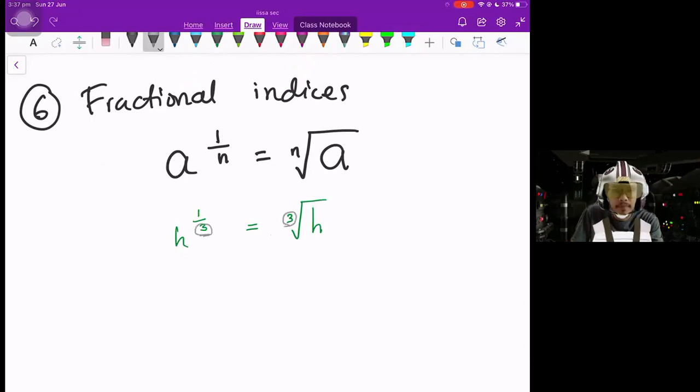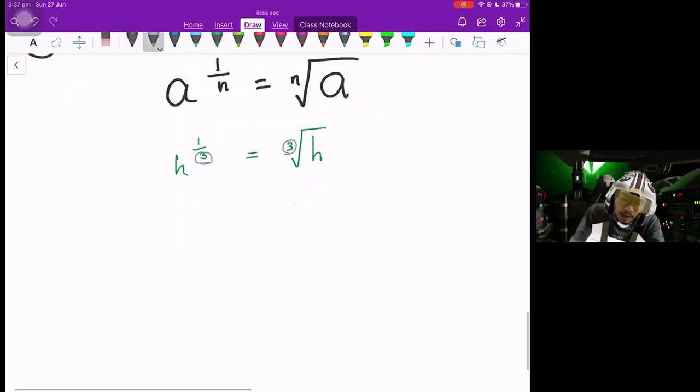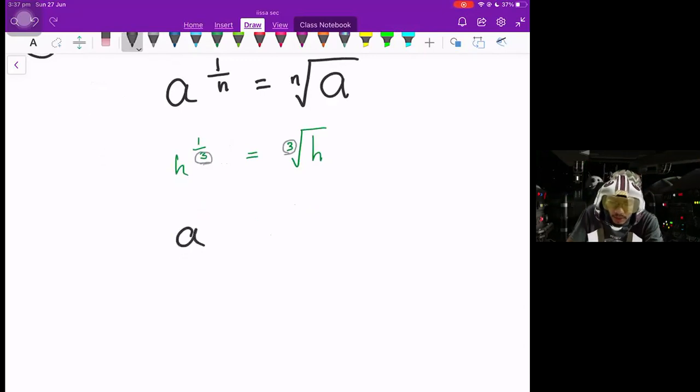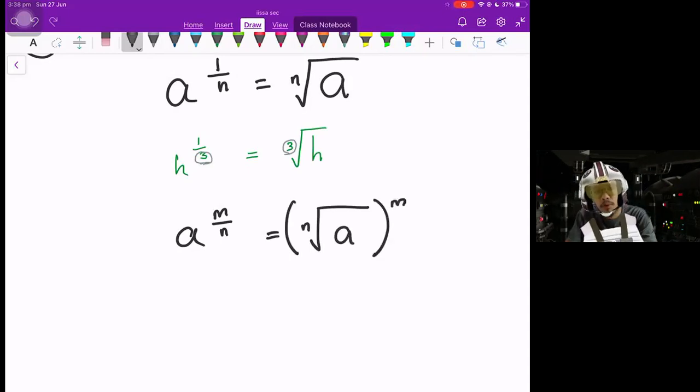Easy. And we also have, what if you have a to the power of m over n? Firstly we have a to the power of 1 over n, which we remember from earlier, so we do things like that. Now we need to bracket everything and make that to the power of m. Let's do an example.